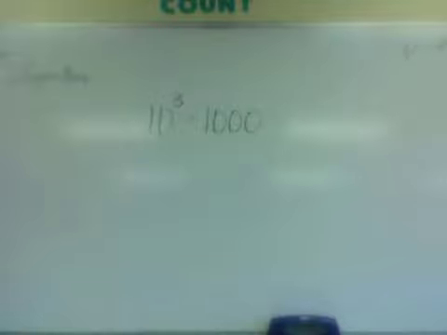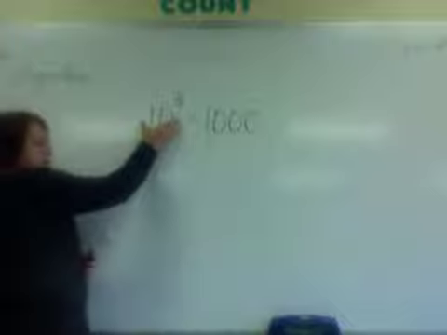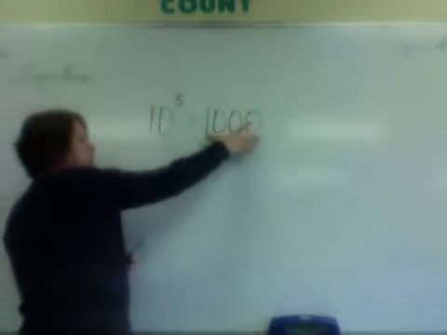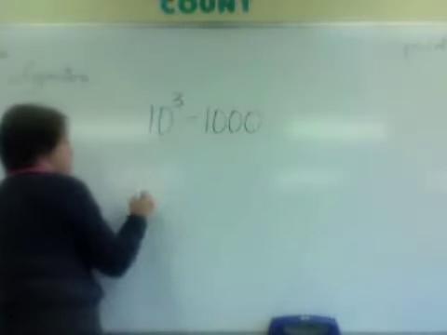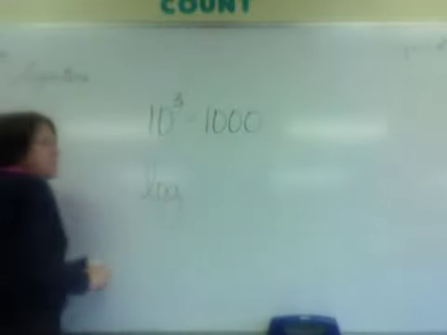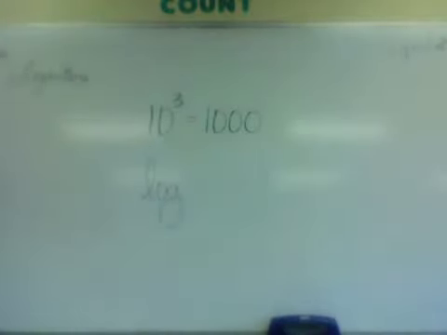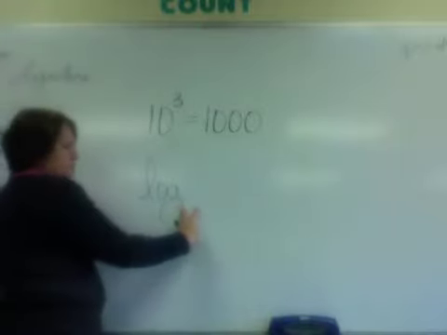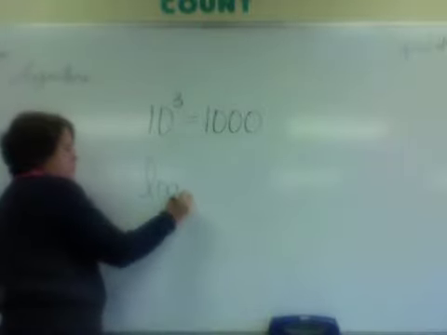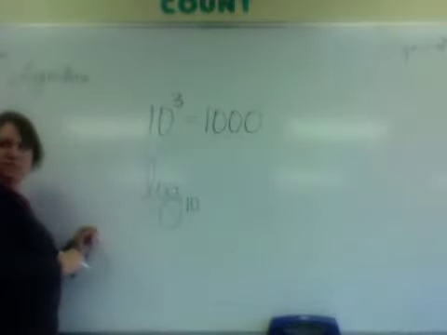This is an exponential expression. We're going to take it and turn it into a logarithmic expression. Remember, here's my base, here's my exponent, here's my solution. It's simply recalling where these three pieces of the puzzle go when you write it as a logarithm. My base goes here, so it's log with a base of 10.